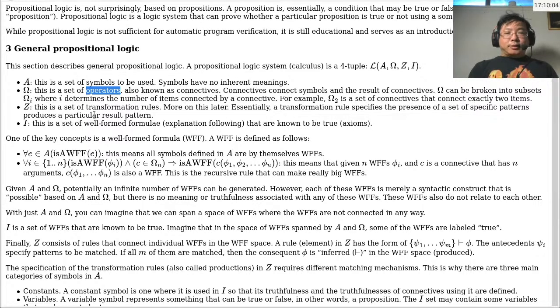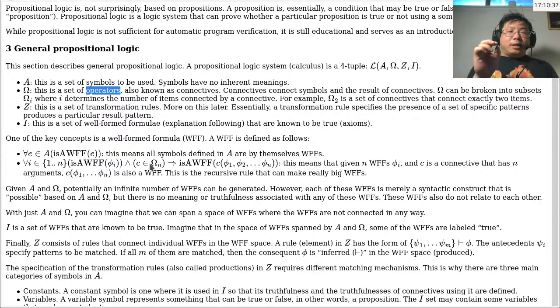Zeta is the set of transformation rules, also known as productions, or inference rules. What we contain in zeta is actually very important, because what it allows us to do is to make new, I shouldn't say make, but it can look at existing well-formed formulae, which is explained in just a little bit down here.